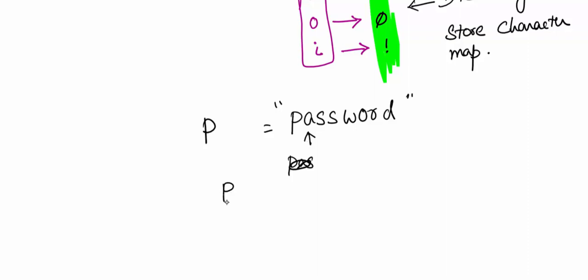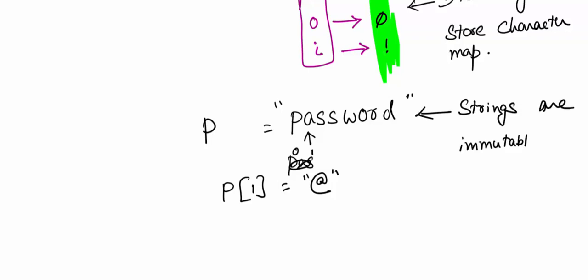Meaning, can you say P of 1, where this is 0, this is 1, equals another character or string? Is it possible? No, it's not. The reason being, strings are immutable. So once a string is created, you cannot change the individual characters in a string.